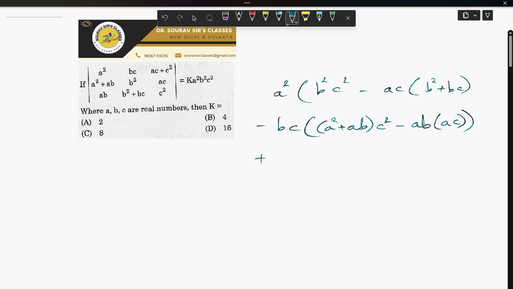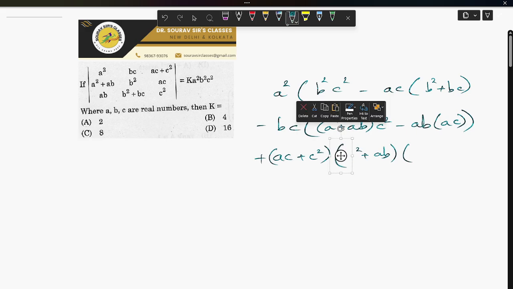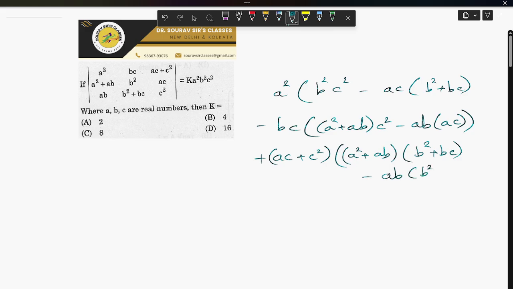So plus we will get AC plus C square into, we will get A square plus AB into B square plus BC, minus of AB into B square. So that is equal to A square B square C square.